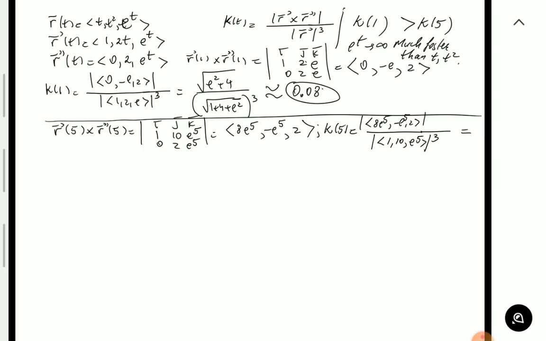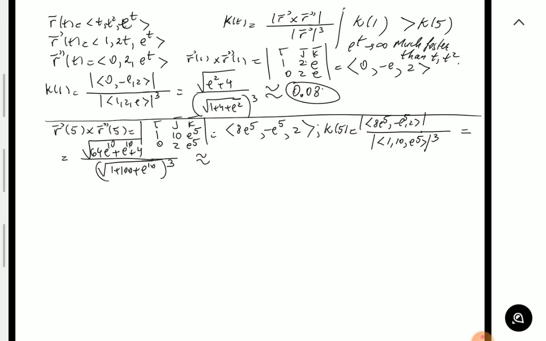Alright, so finally that gives me square root of 64 e to the 10 plus another e to the 10 plus 4 over 1 plus 100 e to the 10, all this to the power 3.